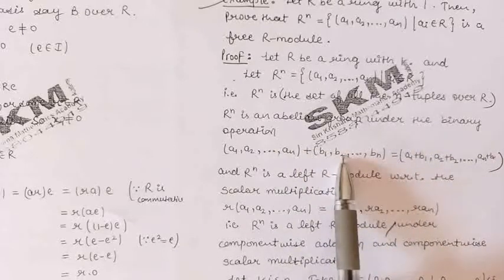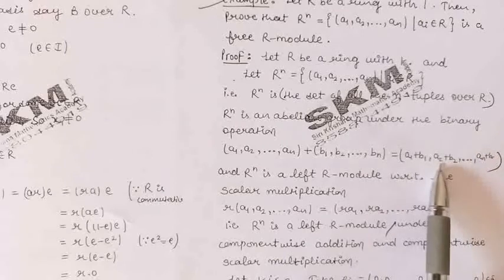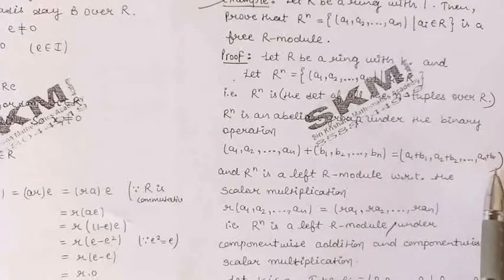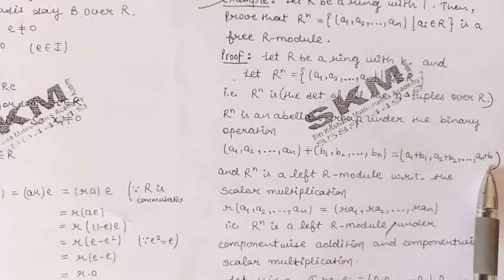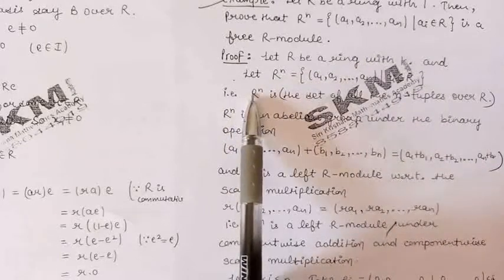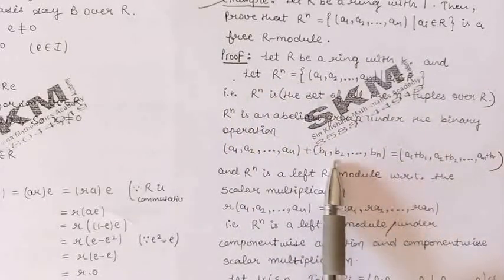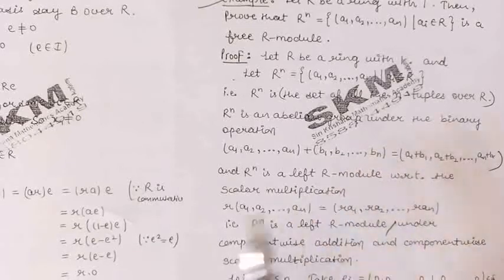We can define their addition coordinate wise, meaning A1 plus B1, A2 plus B2, A3 plus B3, and so on up to An plus Bn. In this way we have defined the vector addition in Rn, and this Rn is an abelian group under this vector addition. Now we can define scalar multiplication.